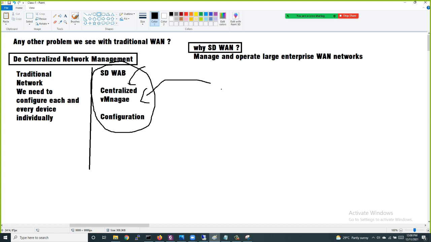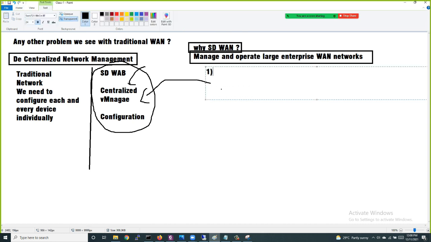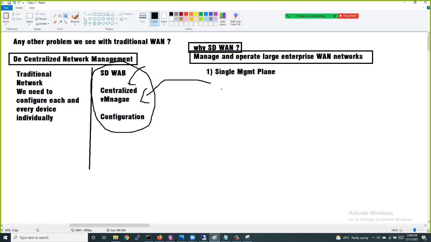So SD-WAN is used to manage and operate large enterprise WAN networks, right? What is the first benefit? The first benefit is single management plane. What do you mean by that? If you talk about traditional networks, how are you managing them? You are managing each and every device individually. That is not the case with SD-WAN.